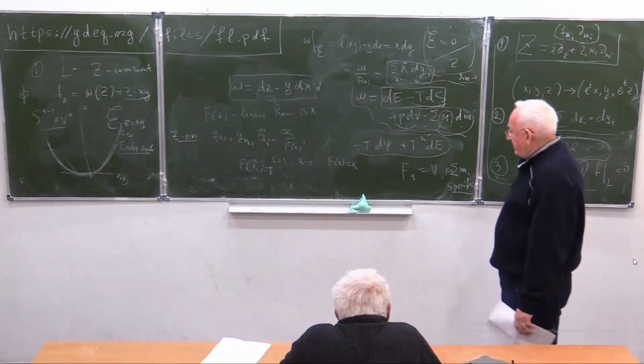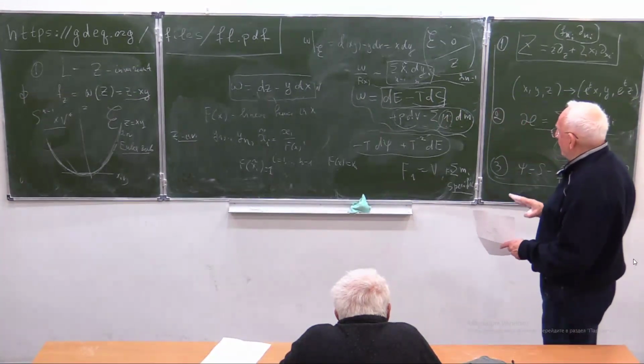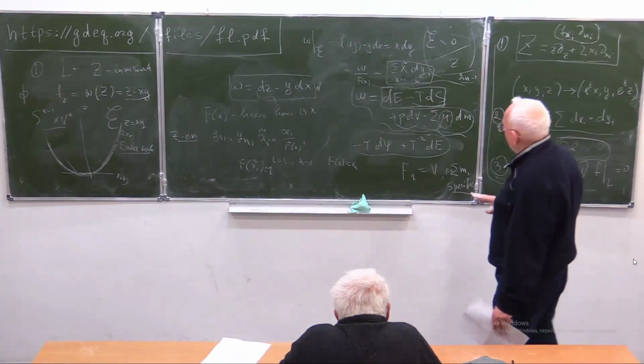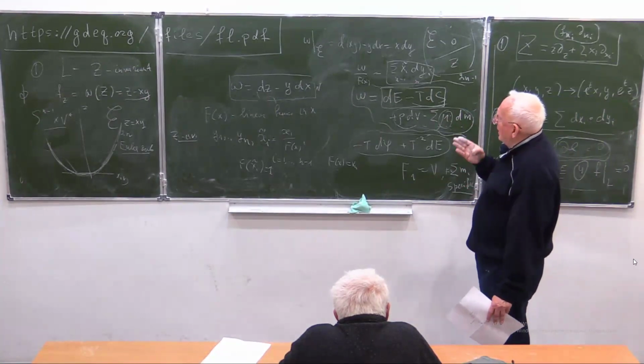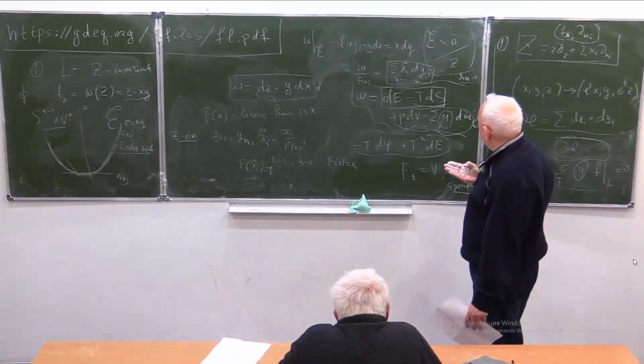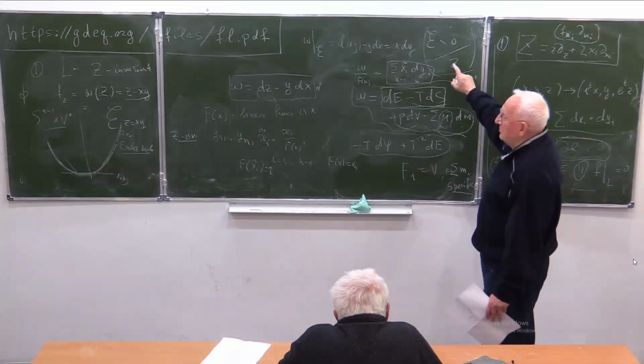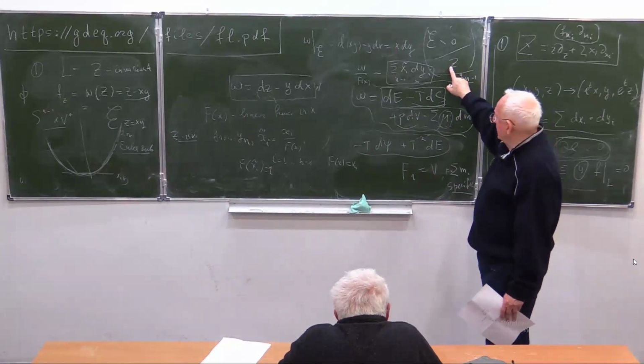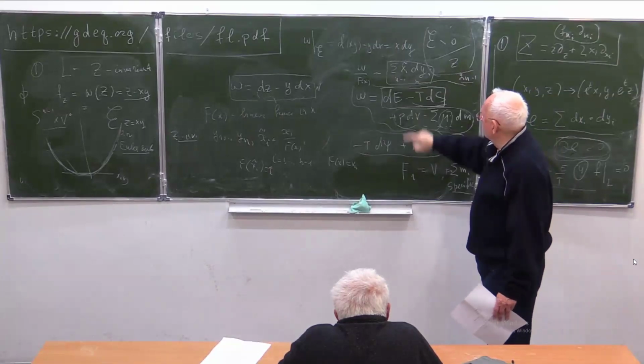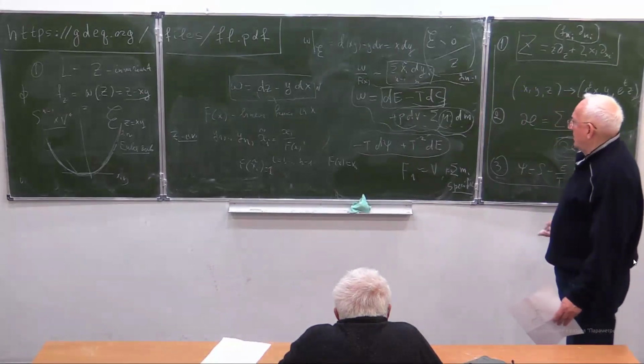So now I will reformulate. Our object is the following. It's a Legendre manifold, but not a Legendre manifold in phi. It's a Legendre manifold here. Legendre means the set of this new form, and the rest is the same.